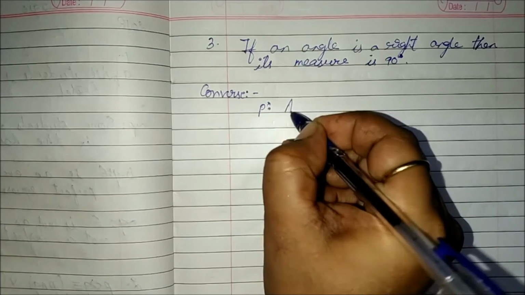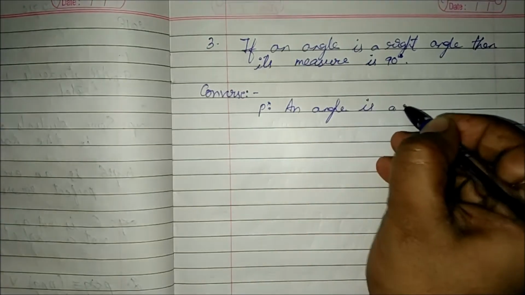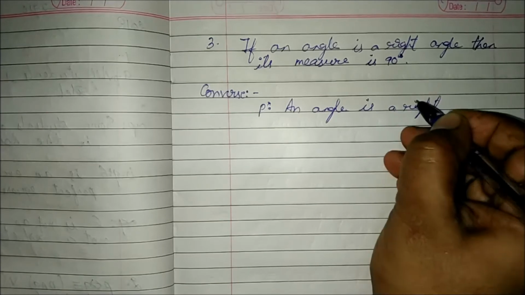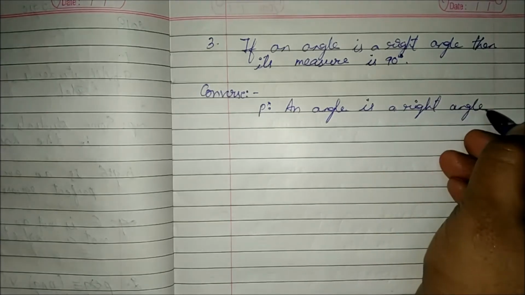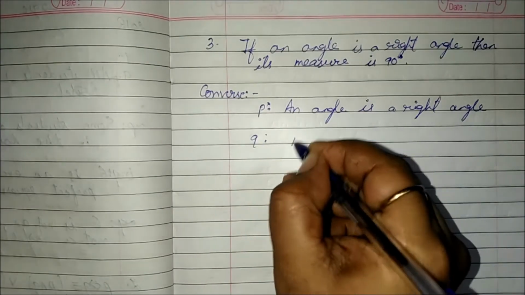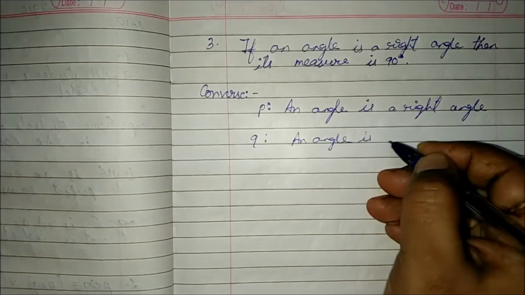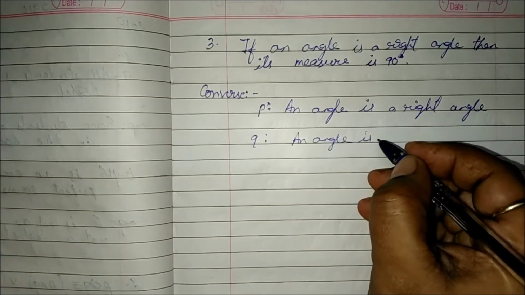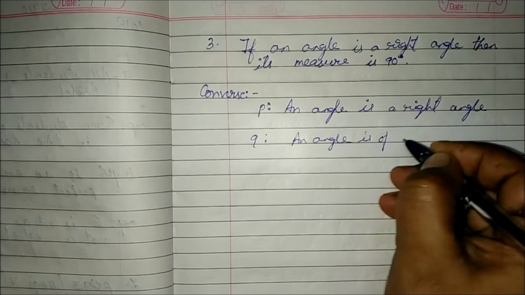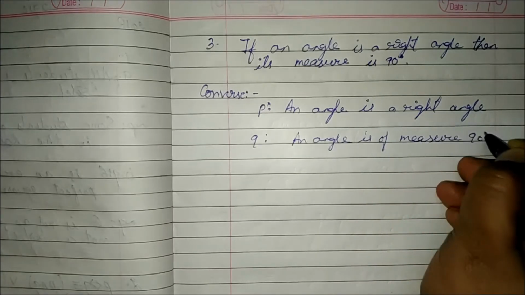P is an angle is a right angle, and Q is an angle is of measure 90 degree.